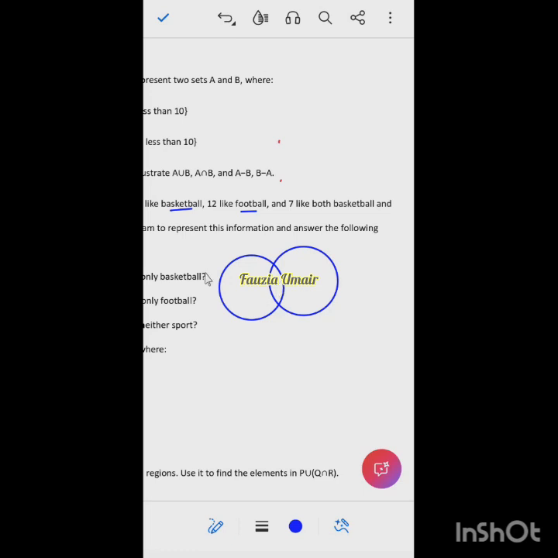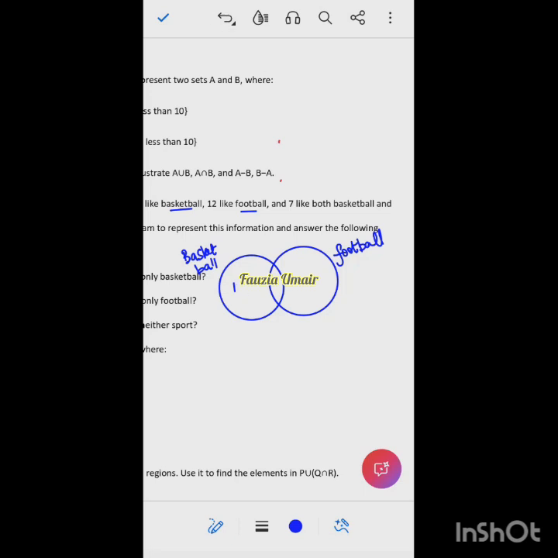So this is, for example, those students who like basketball. Now you can see instead of A and B, we have meaningful sets. These are the students who like football.